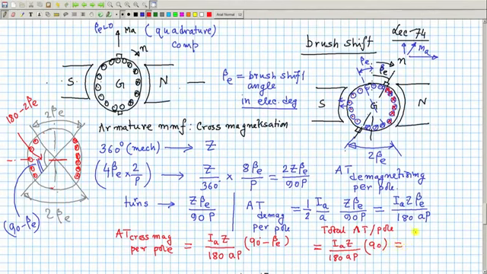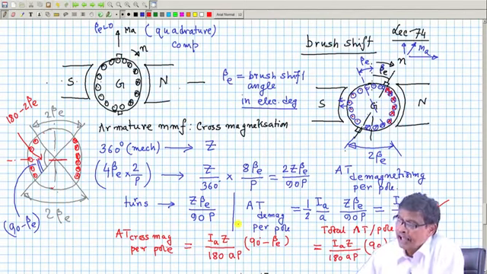So, it is equal to I A Z by 2 A P as expected, total ampere turns per pole. Therefore, total ampere turns per pole is known. How much of it is demagnetizing is this one, and how much of it is cross magnetizing is this one, is it not? I will be able to calculate that.